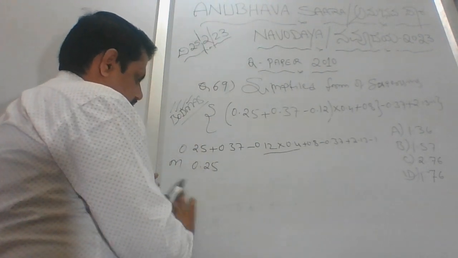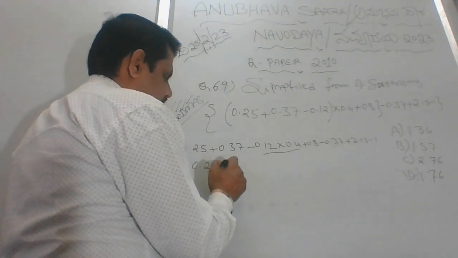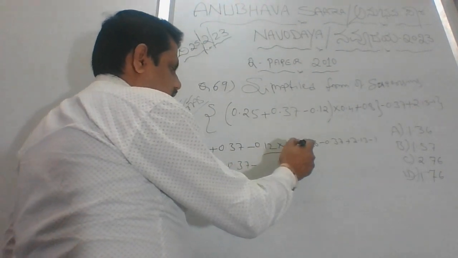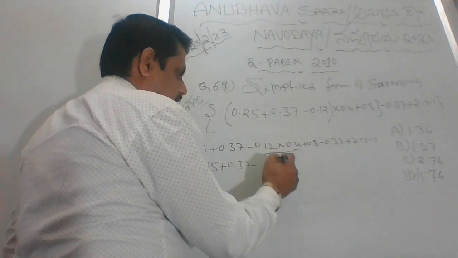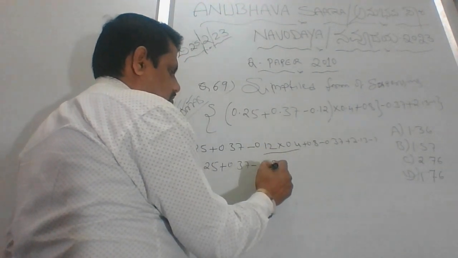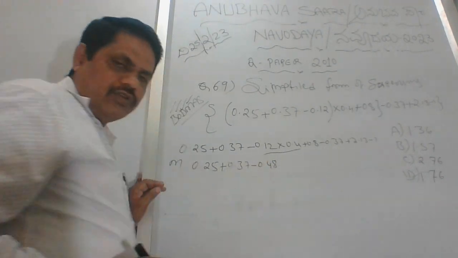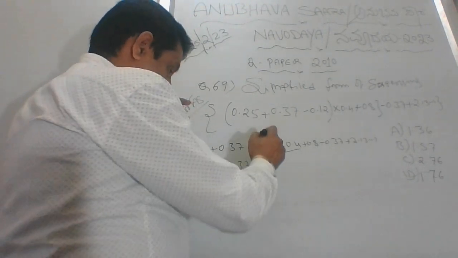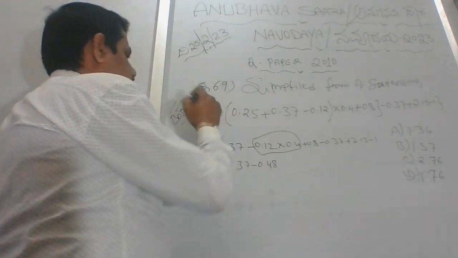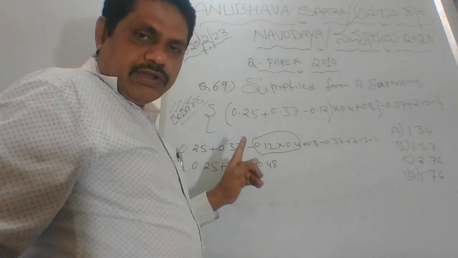Write it here: multiplication, plus 0.37 minus, 4 twos are 8. So 0.48. Fine. We have finished this because we are supposed to follow with the multiplication.